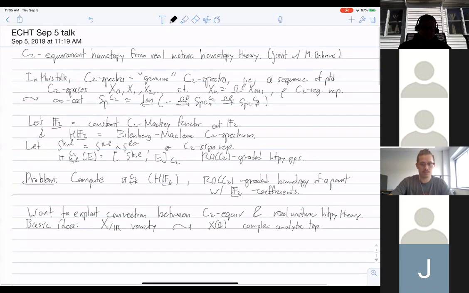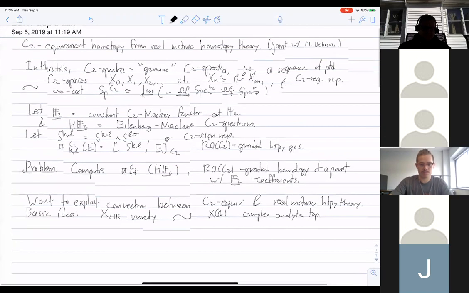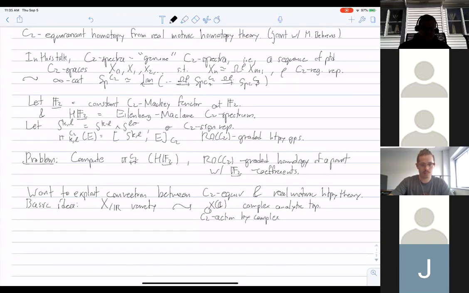Moreover, since it's a real variety, I have an action by C2 via complex conjugation. And if you think for a second, you'll see that if I take the C2 invariants by this action, that's actually homeomorphic to the real points of X, given the real analytic topology, for example.